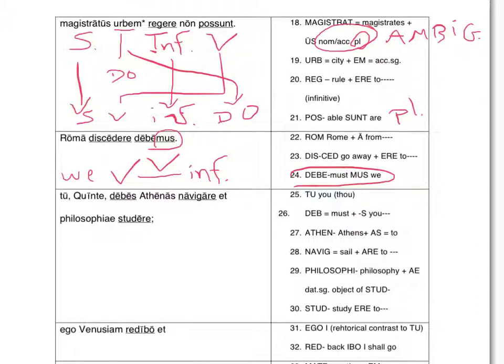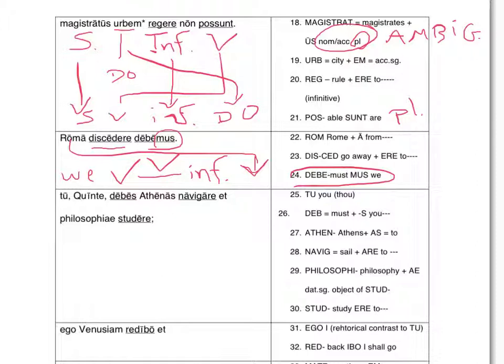So what they must do is discedere, and where they're to discedere from is Roma, this ablative, the place from where. We, and then the verb, and then the infinitive, to discedere, and then the ablative of place from where, from Roma.